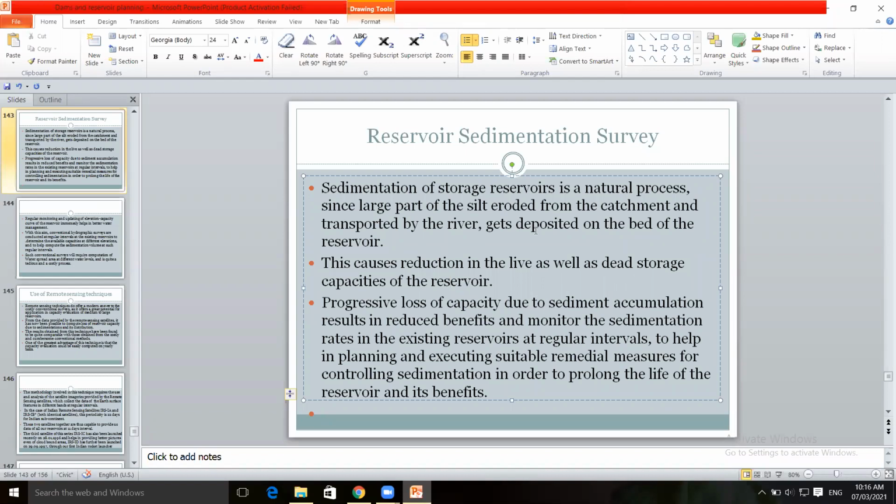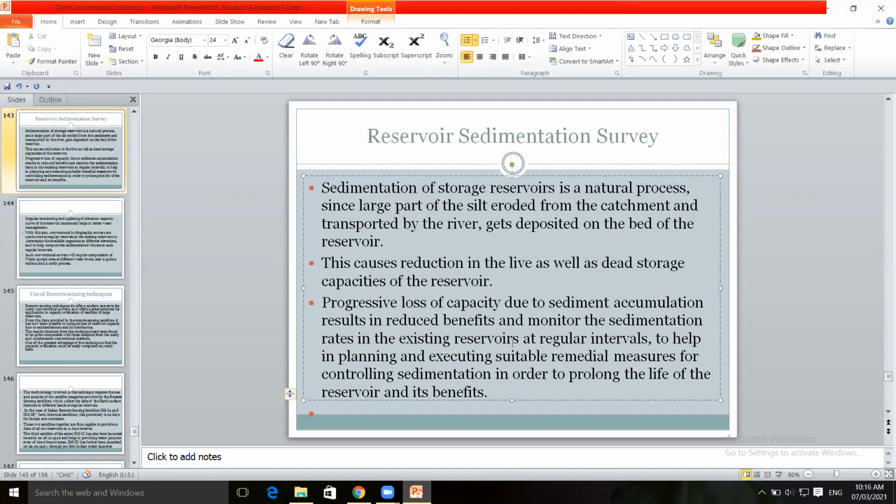If the level of the silt is less, then the storage capacity will be more. So as the silt and clay increase at the bed of the reservoir, the storage capacity reduces. This causes the reduction in the live storage as well as dead storage in the reservoir.